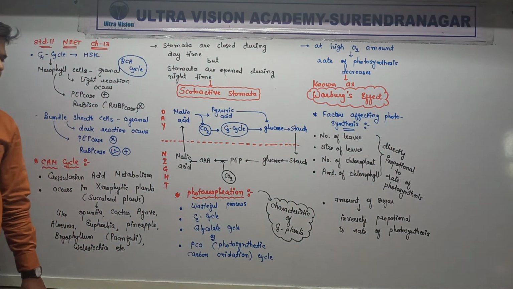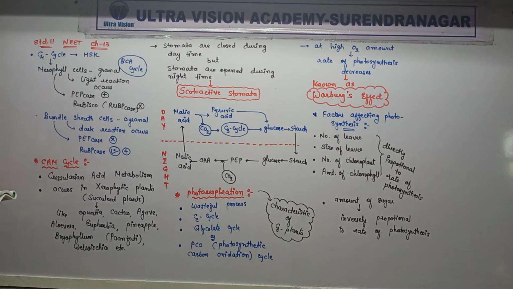Fine. So if the amount of sugar is higher, the rate of photosynthesis decreases.